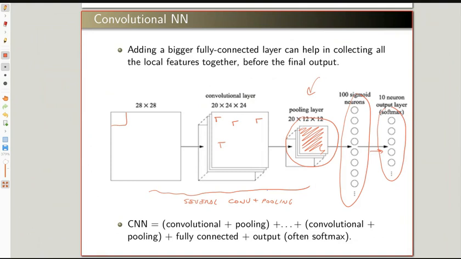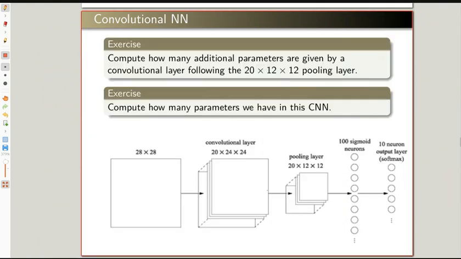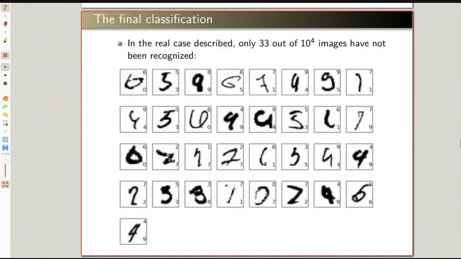Okay, and this is what is called a convolutional neural network. Okay, these are exercises. Just to show you how well this kind of structure works, this is the final output of a problem recognizing images which has been handwritten, and the neural network is devoted to recognize whether this is a 0, a 1, a 2, and so on.